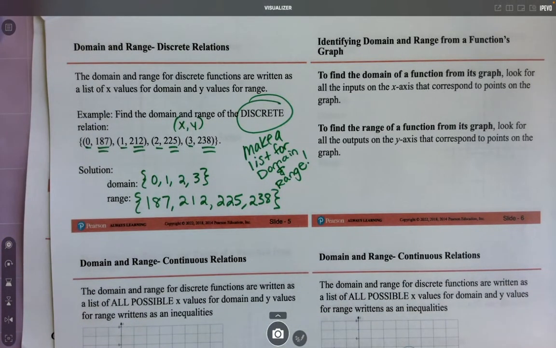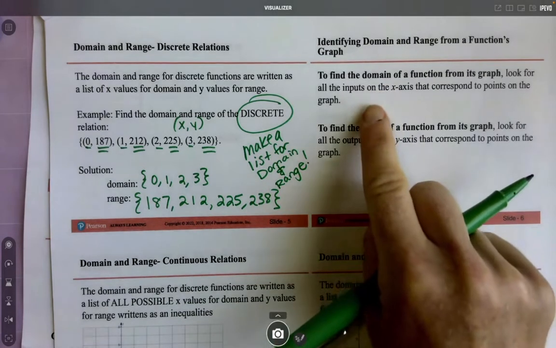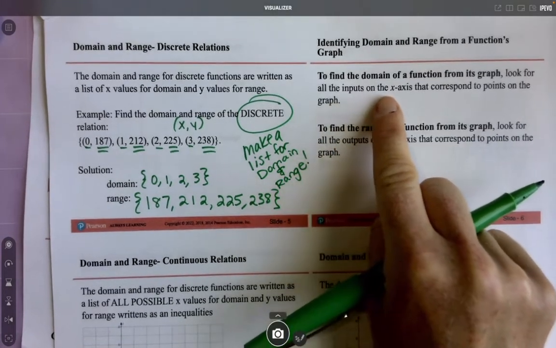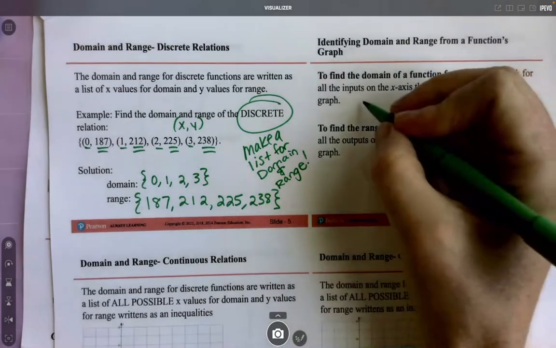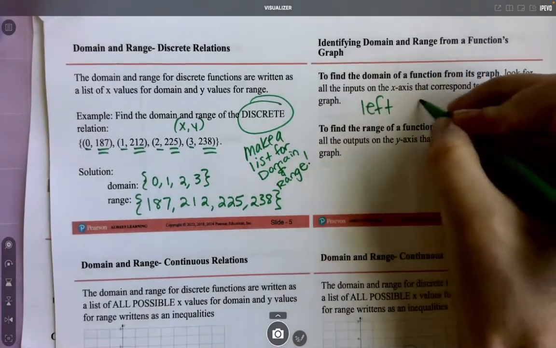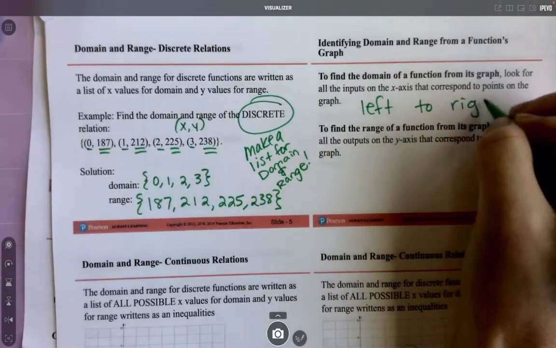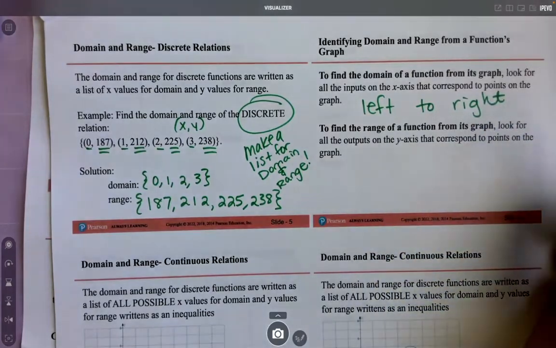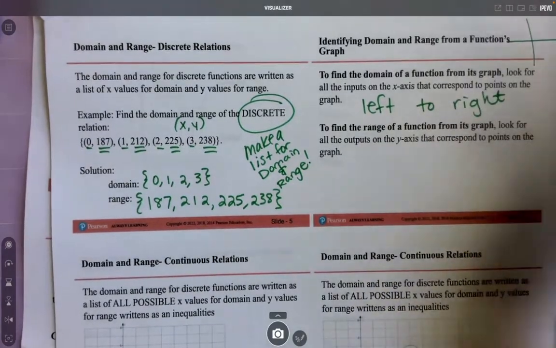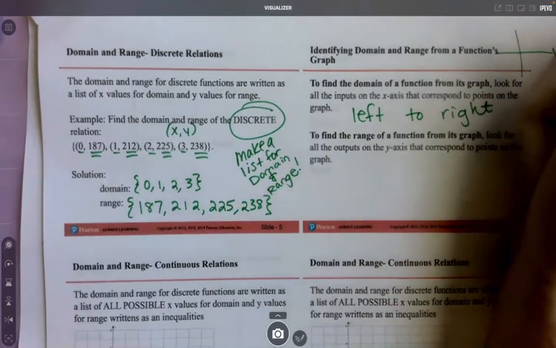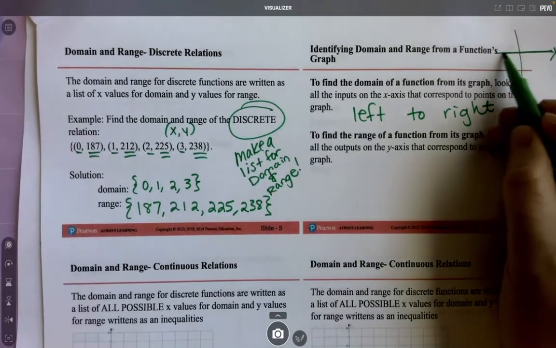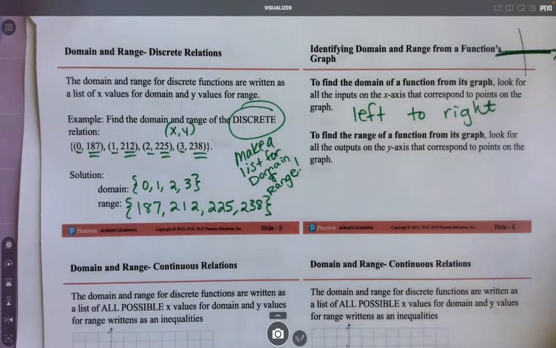Domain and range from a graph. For domain, you look for all the inputs on the x-axis. So we're going to go left to right on the graph, because remember the x-axis goes from left to right. So that's your domain.